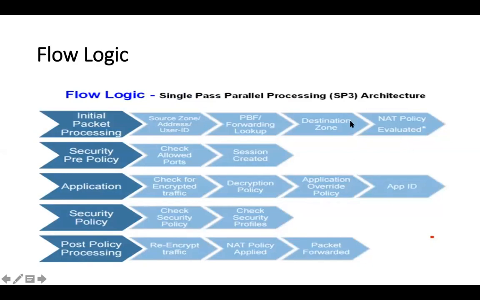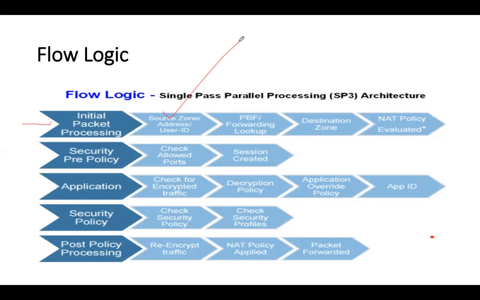All right. So now here, what is the flow logic basically? Whenever the packet comes, let's say initial packet processing, what they check is the zones. What zone to what zone it is, whether it is allowed or not.